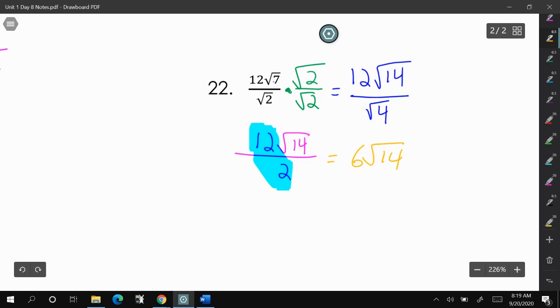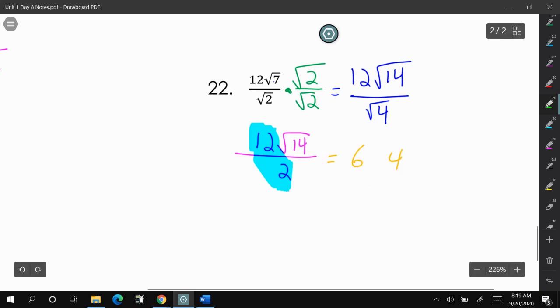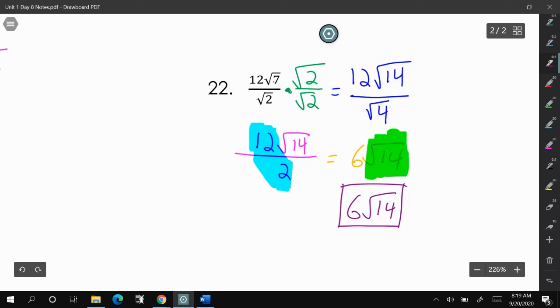And then we have the square root of 14. Now we got to think, can we simplify the square root of 14? Is there a perfect square that I can divide 14 by? And that's why I think it's important to have the perfect squares written up on your notes so that you can refer to it. And the answer is no. You cannot simplify the square root of 14. So then our final answer is 6 times the square root of 14.